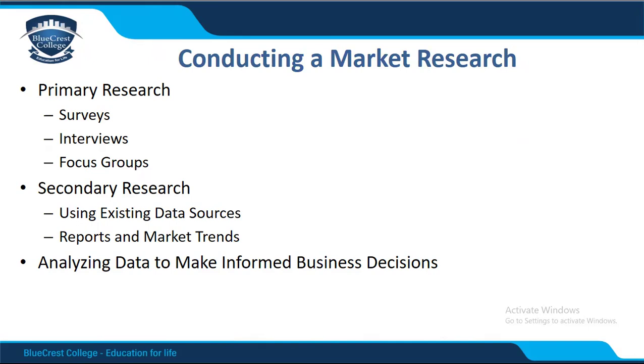So you make use of existing data sources. You can also use reports and market trends, all right? But by all means, then there has to be a market research. So once that is done and you get your data, you analyze the data to be able to make informed business decisions.